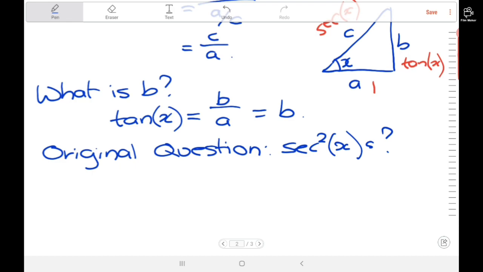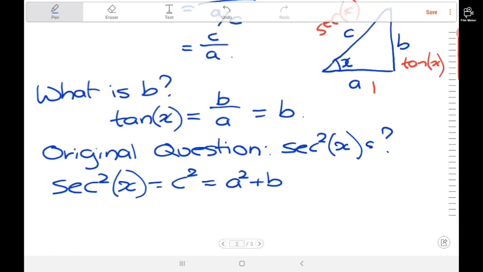We know the lengths of all three of the sides, and that's all we need to know in order to use Pythagoras' theorem. So sec squared of x, well, according to our triangle, this is the length c squared. And as we said before, Pythagoras tells us that c squared equals a squared plus b squared.